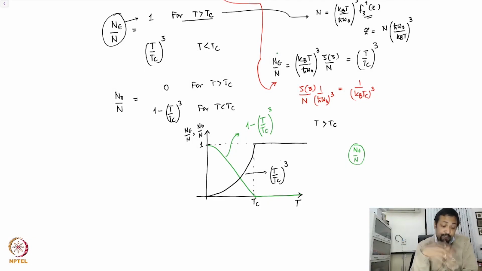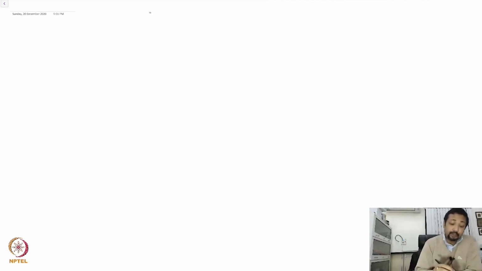So we have seen how the fractions n epsilon over n and n0 over n behave. We now want to look at the energy. As usual, the energy is the sum over epsilon of epsilon times the average of n, which is the occupation number, and this becomes continuous using the continuous density of states.